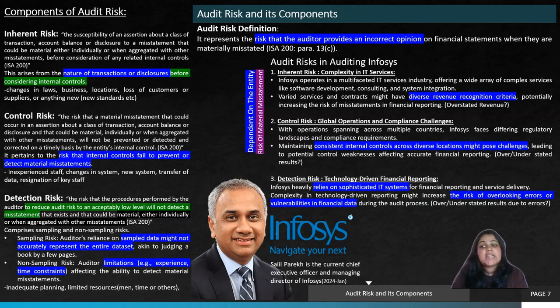Correct. In detection risk, there are 2 risks: sampling risk and non-sampling risk. Sampling risk means that we took the wrong sample. For example, there are 10 receivables and we took 5 of them. The other 5 might have many material misstatements, but we took the 5 which have fewer or no material misstatements at all.